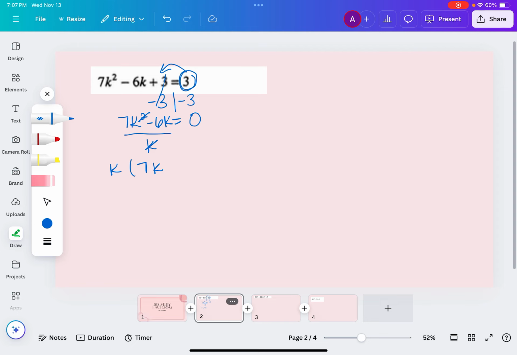Negative 6k divided by k is going to be negative 6, equals 0. Okay, so now we're going to take this one right here, and this one right here. Oops, it's not highlighting for me. Okay, and we are going to have two separate equations, both equaling 0.